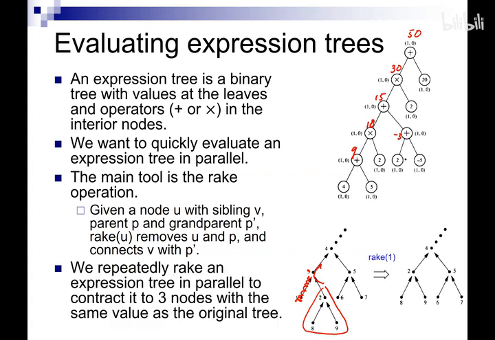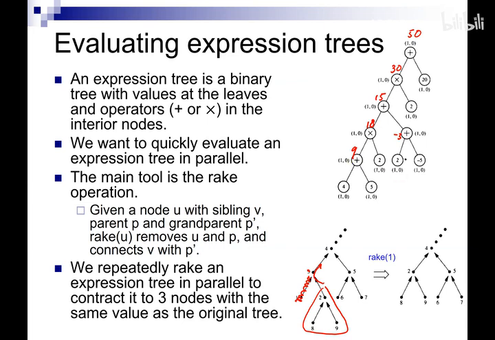The way we're going to use this is that we start with the expression tree, which has many nodes in it, and then we rake this tree in parallel. Each time you rake it, the tree is going to get smaller, and we keep doing this until we're down to 3 nodes. During this raking process, we're also going to keep track of the values on these nodes.